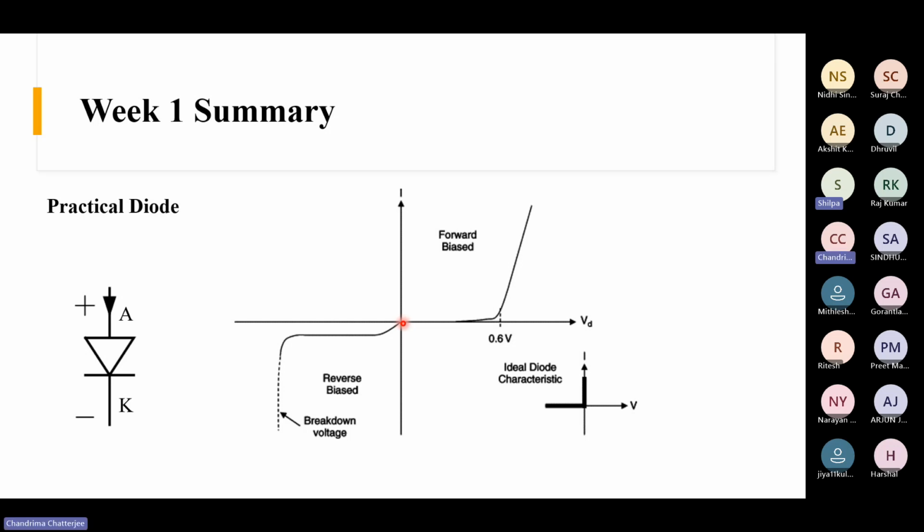If I understood correctly, you were asking whether in the reverse direction also the current will start flowing after some threshold, or whether it will start immediately after some reverse voltage is applied. Yes, that's correct.